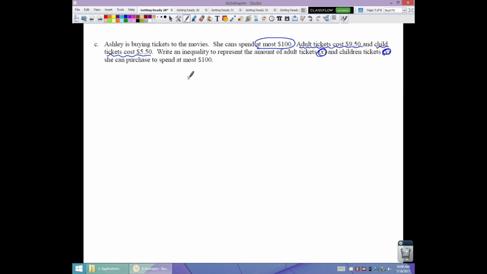So my plan here is the money I spend on adults added to the money I spend on kids can be at most $100. At most means at the most. It can be that much or lower. So all this money I spend is less than or equal to the $100.